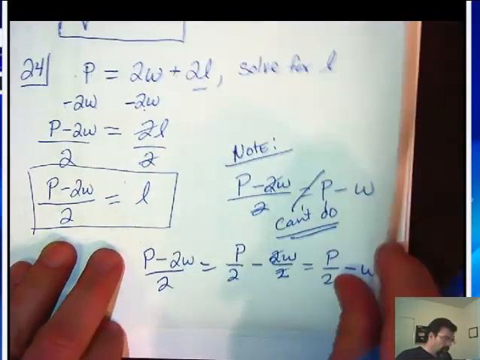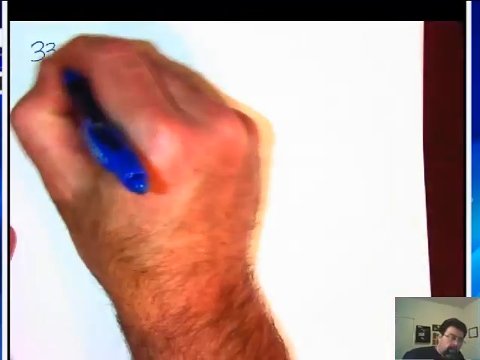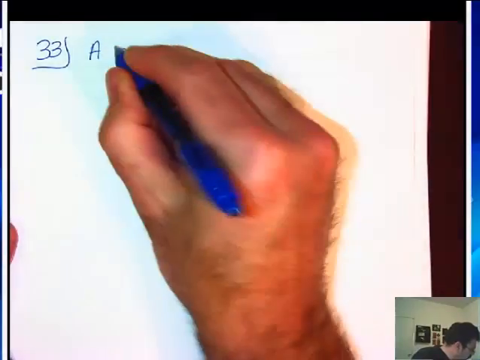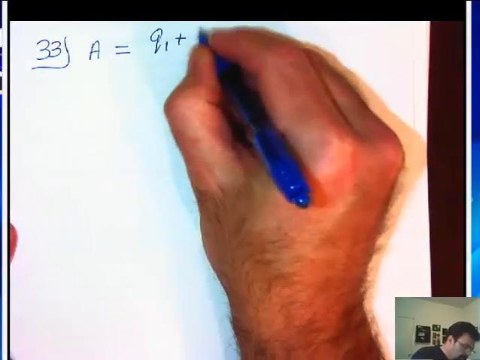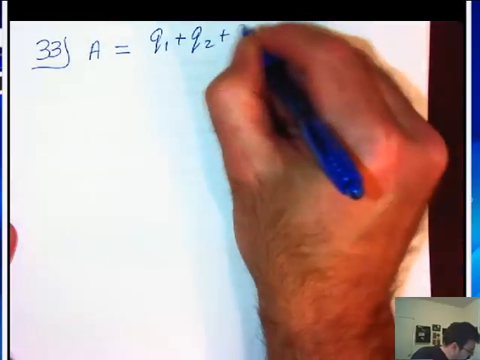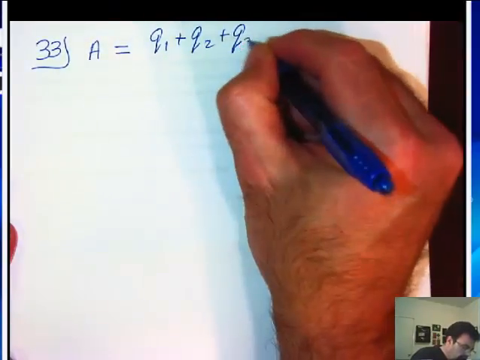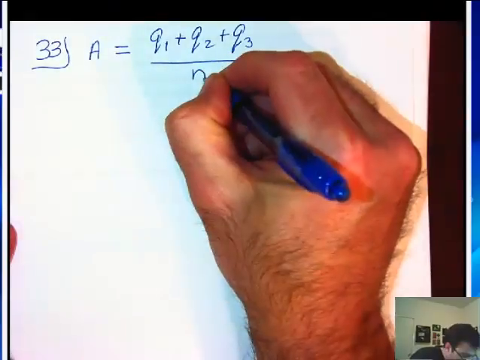All right, let's try number 33. A equals Q sub 1, Q sub 2, Q sub 3, all divided by n.